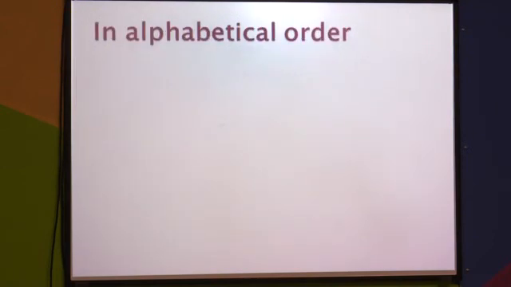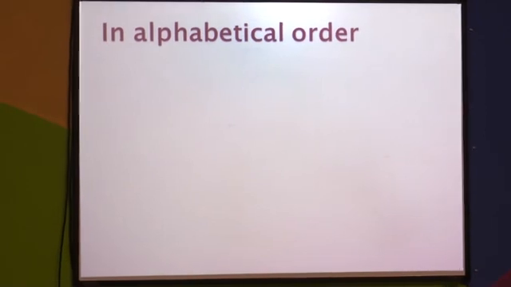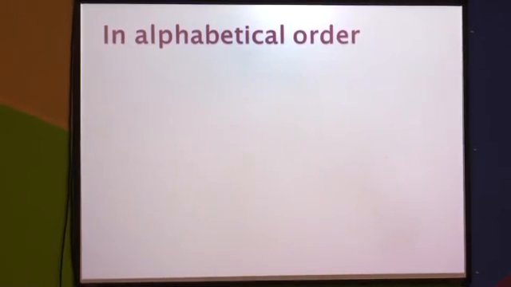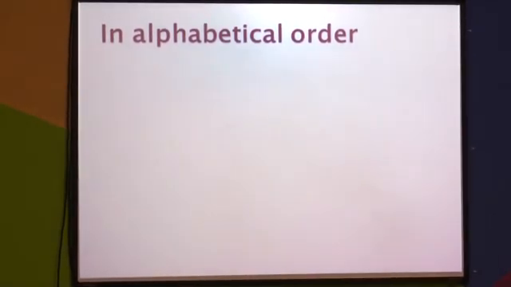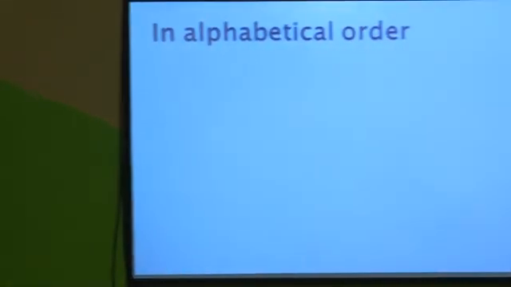These letters, these words we have to arrange in alphabetical order. While arranging, first we are going to see the first letter of each word. The first word in this list is apple.